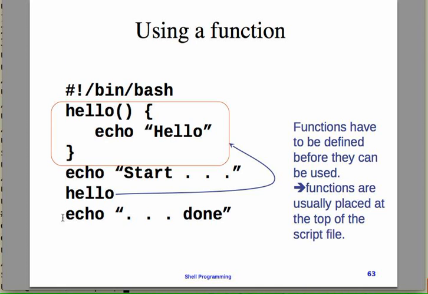You don't have to say that you have a main, there's just automatically everything outside functions is main. And how do you call this? You just put in the name of the function. You don't use parentheses in shell scripts. So functions are usually placed at the top of the script file.